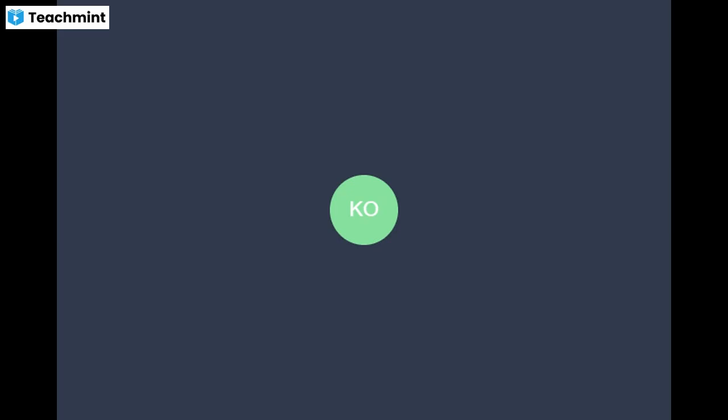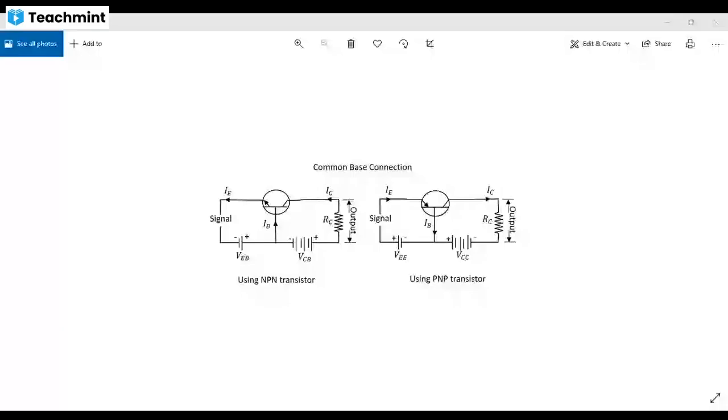Just a minute. I think everybody can see the total configuration.